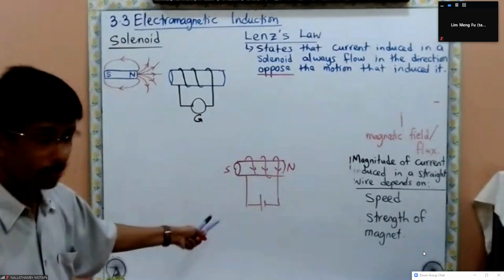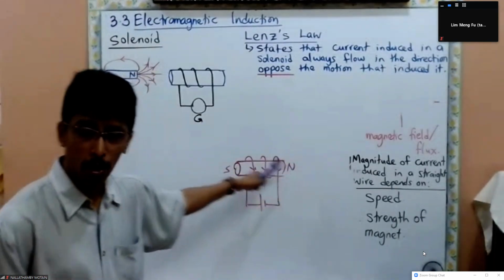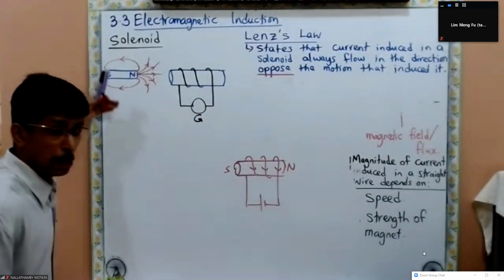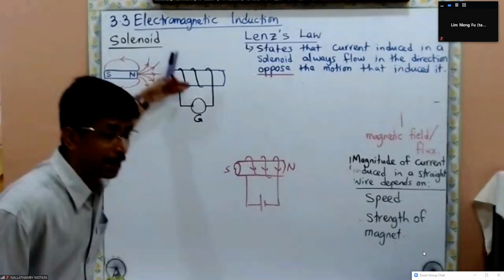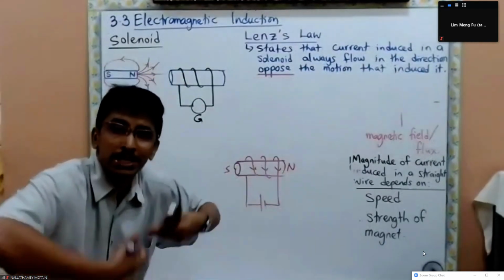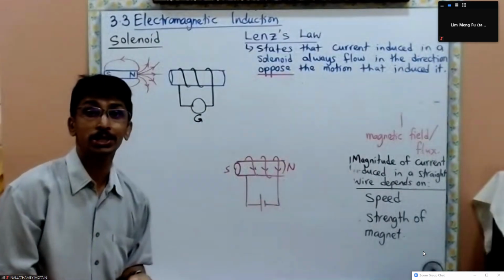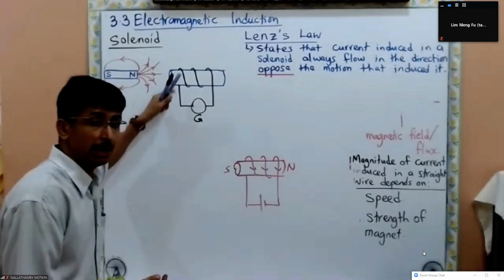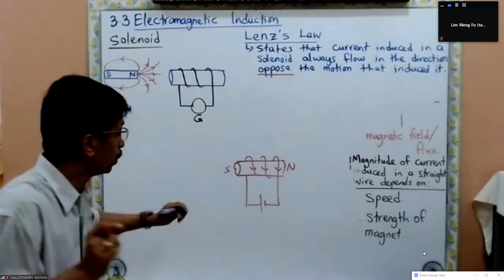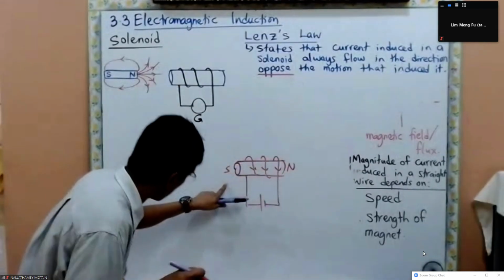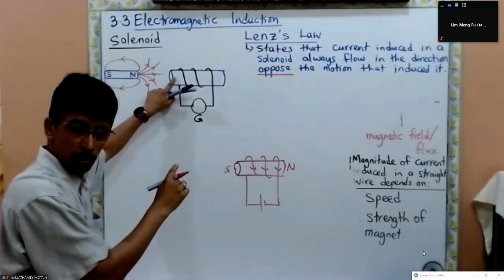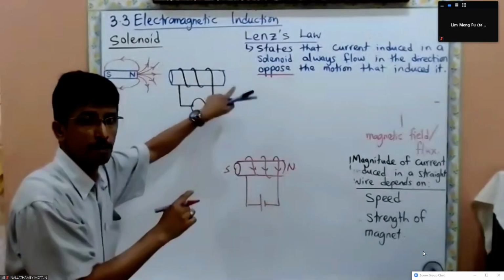When current flows, one end becomes north pole, one more end becomes south pole. But here the movement of the magnet into the solenoid will induce current. So the current that is induced flows, and it will produce north and also south pole at the end of this core. It will produce poles of magnet.